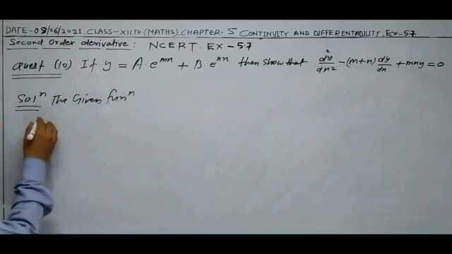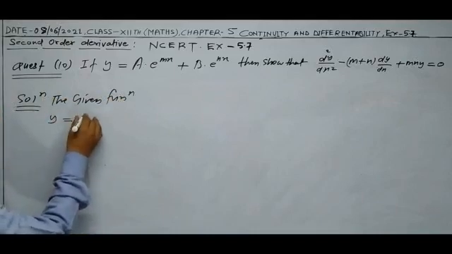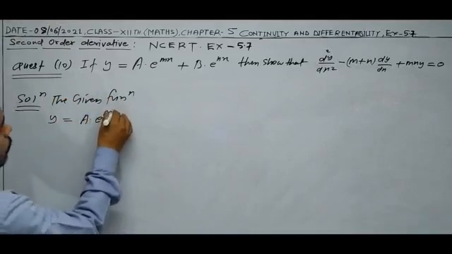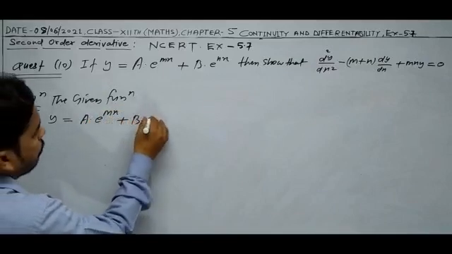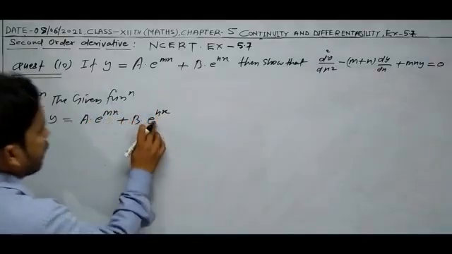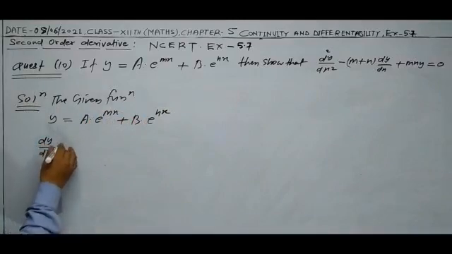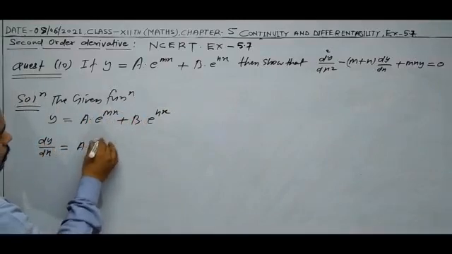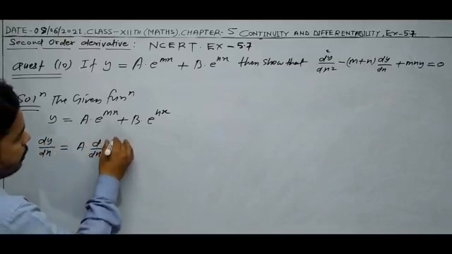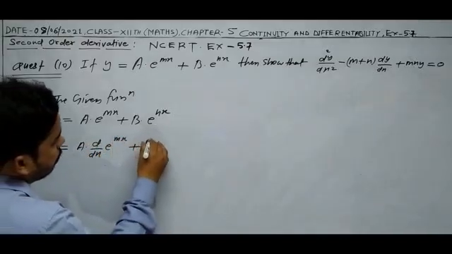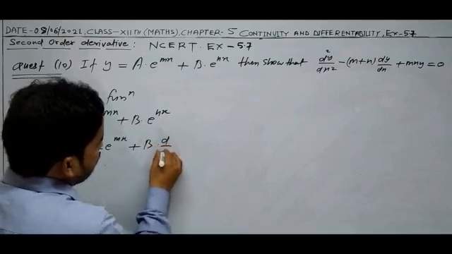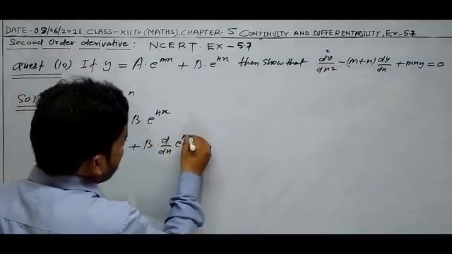So the given function is y is equal to a times e to the power mx plus b times e to the power nx. So the single derivative dy by dx will be a times d by dx of e to the power mx plus b times d by dx of e to the power nx.